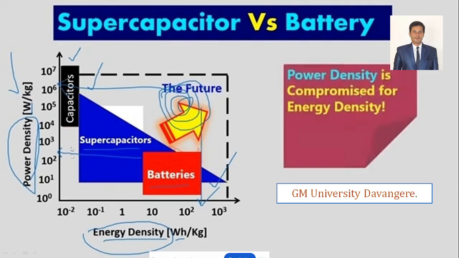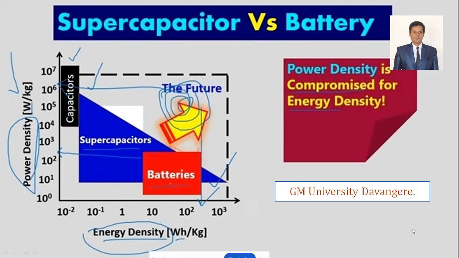So this picture tells us that the capacitor may have high power density, and then you have to compromise with the energy density. When you talk about the batteries, it is vice versa: the power density will be very less.